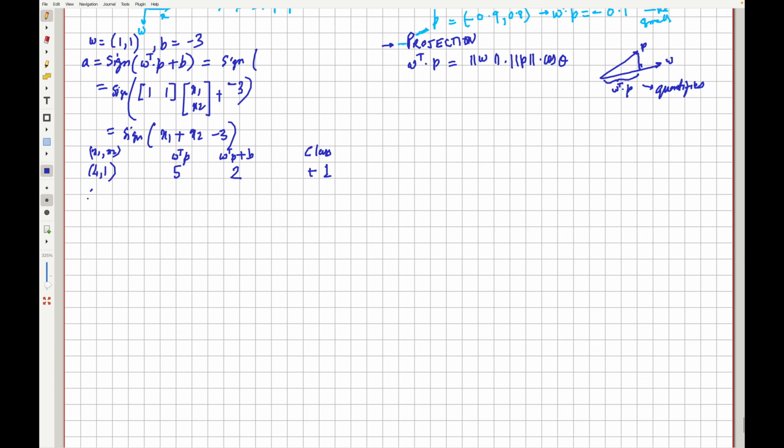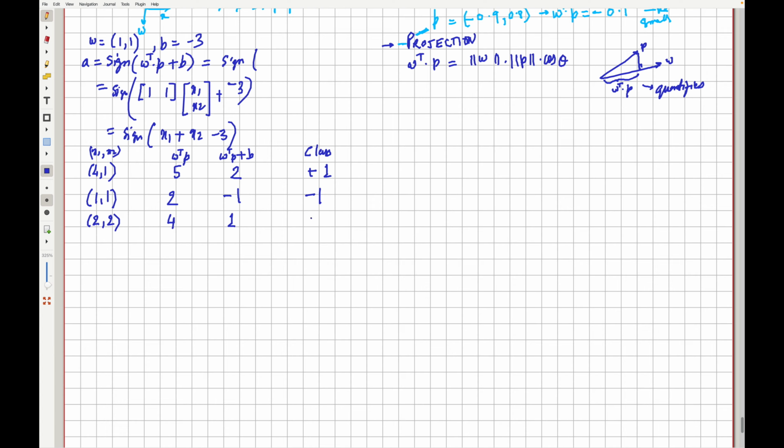If we use a second point, let's say 1 1, the dot product would be 2, subtract 3 for the bias and we get a value of -1, so the class is negative. Likewise, say we have another point 2 2, the inner product would be 4, subtract 3 and we get a value of 1.